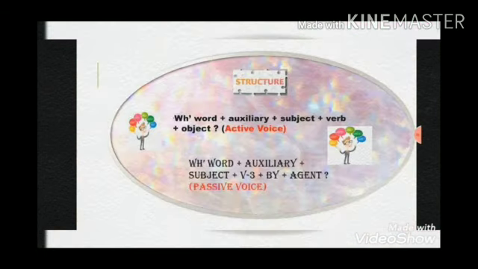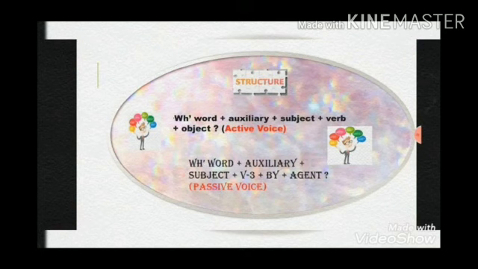See the structure for this: WH words plus auxiliary verb plus subject plus verb plus object in active voice. WH word plus auxiliary plus subject plus verb 3 plus the preposition by plus agent in the passive voice.